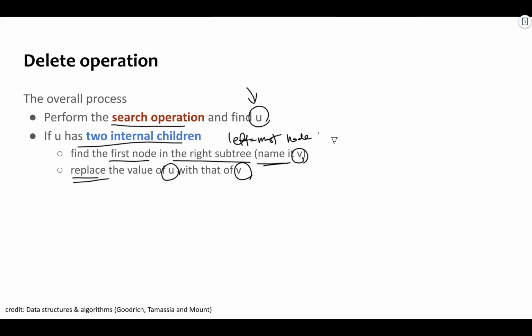This is what we do for BST or AVL tree or 2, 3, 4 trees. Okay, then remove V.